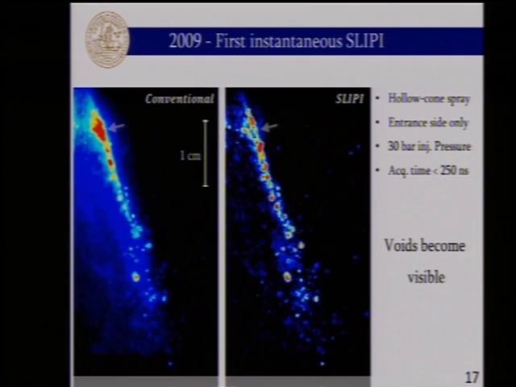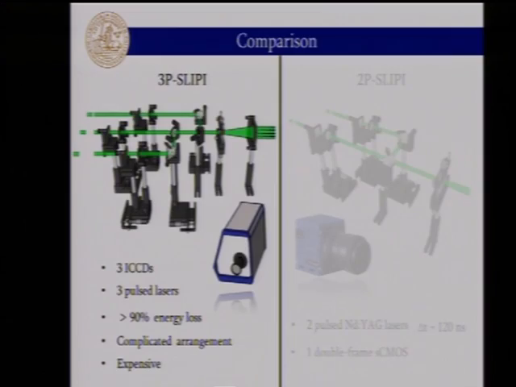So this is very interesting, but still, it's quite a demanding setup. What you need for this setup is 3 ICCDs and 3 laser pulses. You lose 90% of the energy because of this recombination. It's a complicated arrangement.